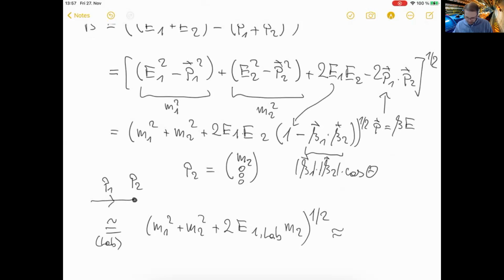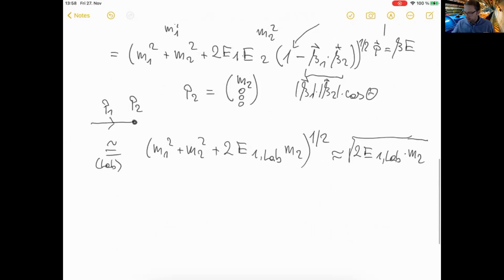And if we can neglect the masses of the particles P1 and P2, the leading term here is square root of 2 E1 lab times M2, which holds in the lab frame of a fixed target.